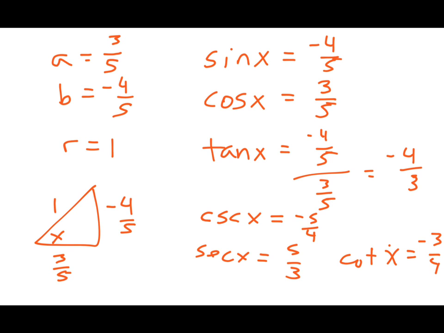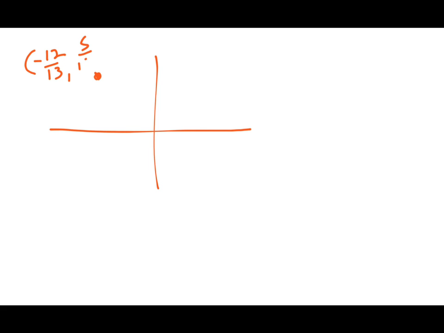Okay, let's do another example. Let's try to find all the 6 trig functions for an angle x with a terminal side at the point negative 12/13, 5/13.